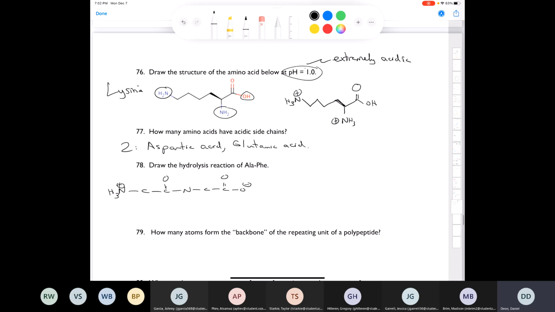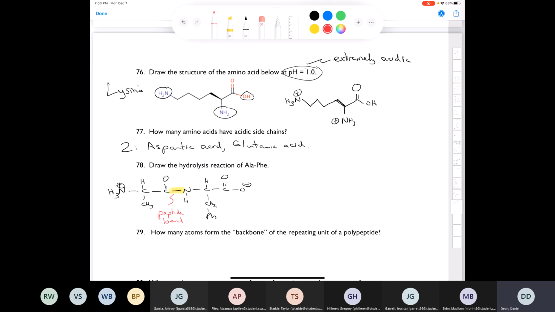The first one is alanine, so it's going to have a CH3 group. The next one is phenylalanine, so it's got CH2 and then a phenyl. Let's fill out the rest. We've got hydrogens here, and this nitrogen will have a hydrogen. The bond that we're going to break is the peptide bond, or the amide bond. So this is the peptide bond in this dipeptide, and we're going to cleave that bond.